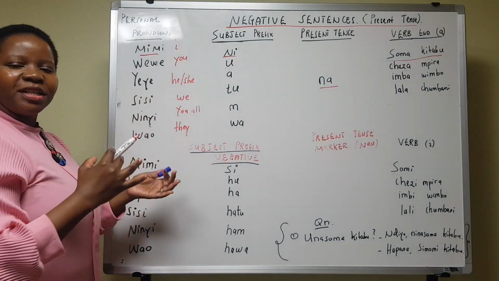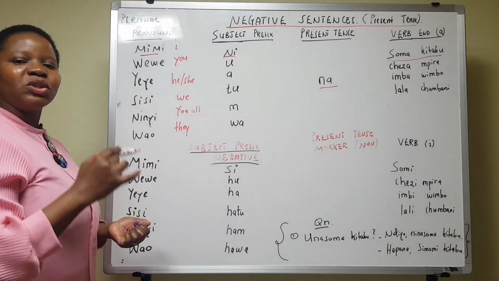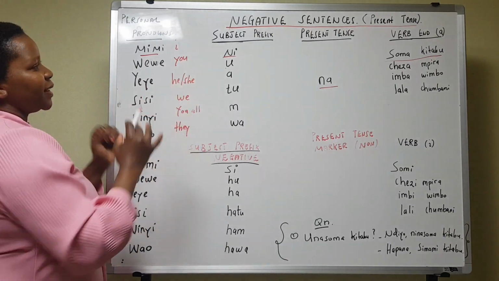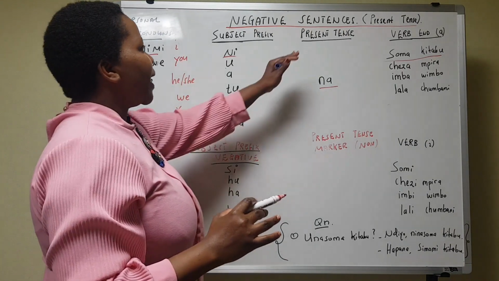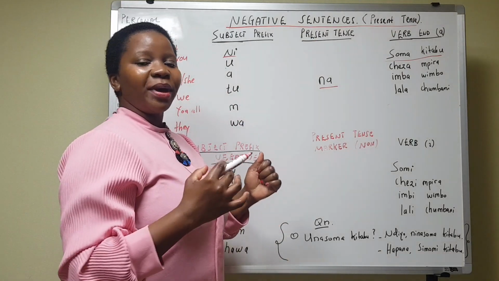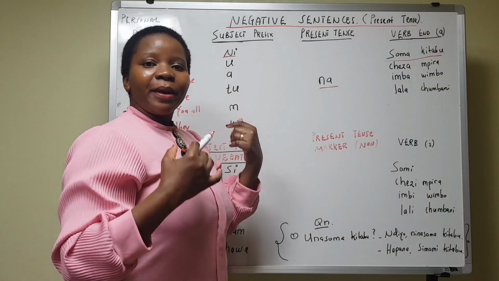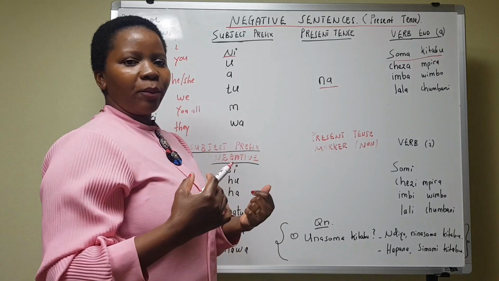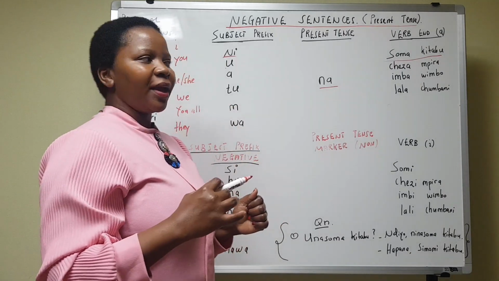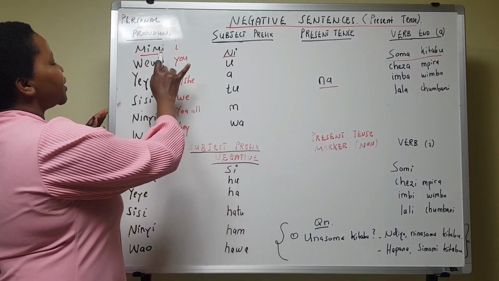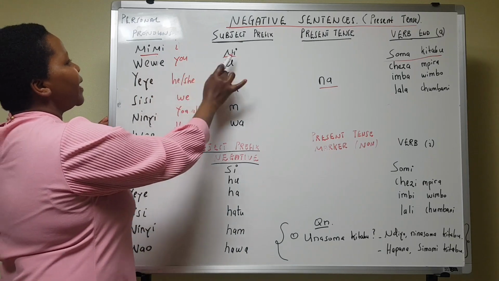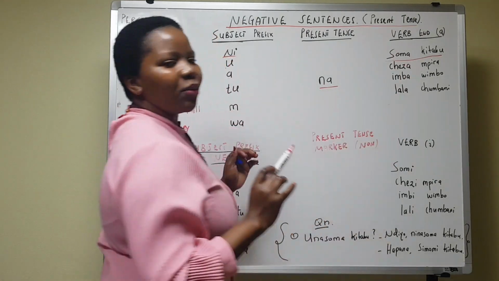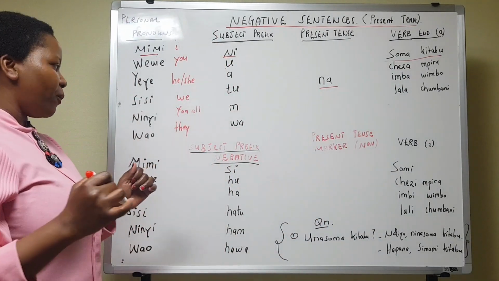How can I change this sentence into a negative form? This sentence is in present tense, in a positive form. So, how can I change this sentence, mimi ninasoma kitabu, into a negative form?